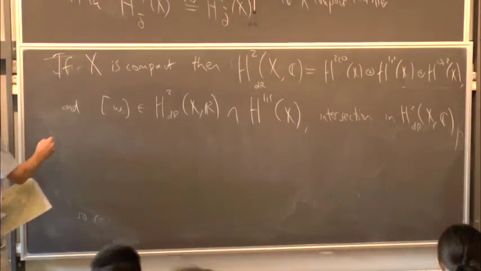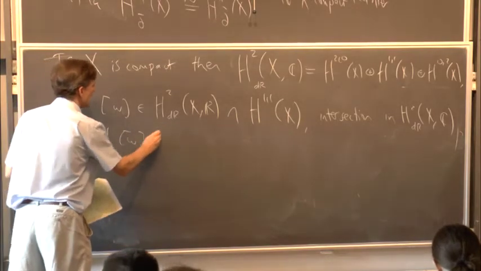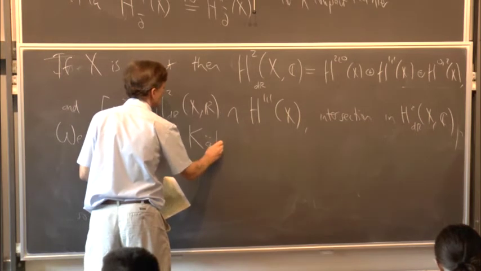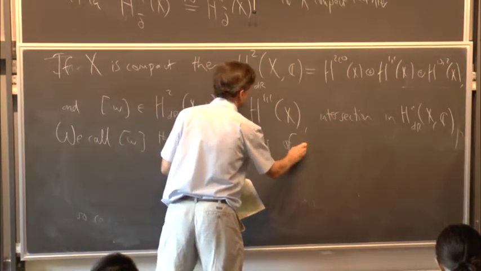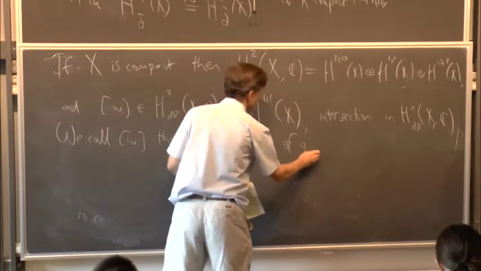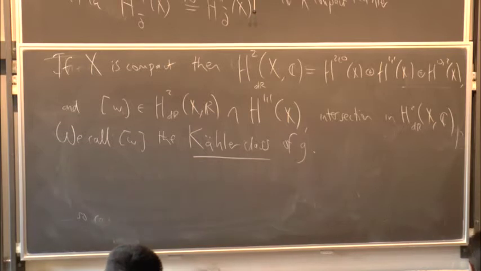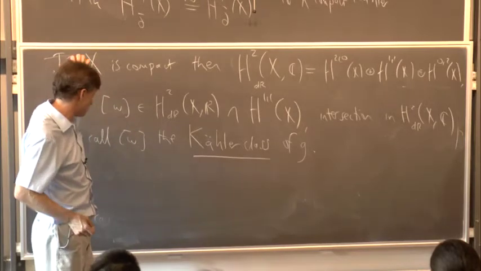So, right, and we call [ω] the Kähler class of g. Okay, actually, the Kähler class gets used to mean two slightly different things. Sometimes by the Kähler class, you mean the de Rham cohomology class [ω].